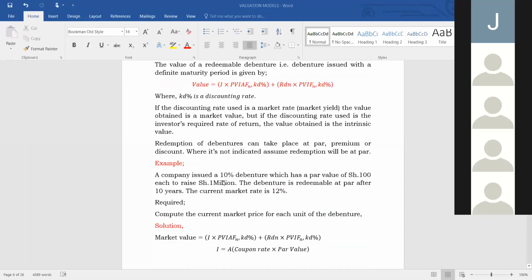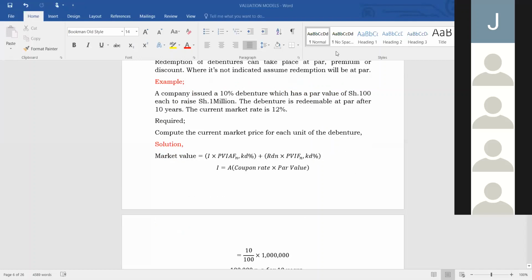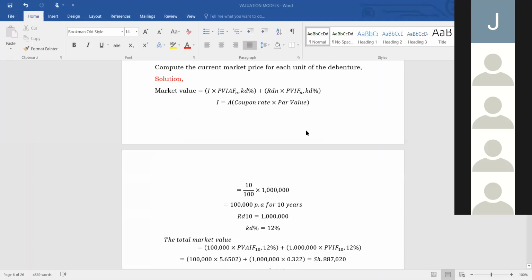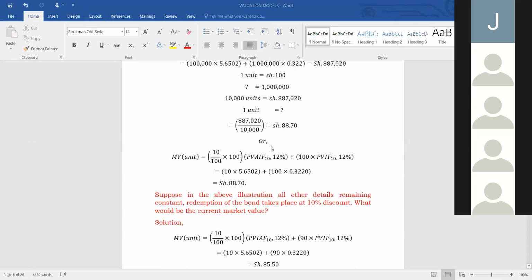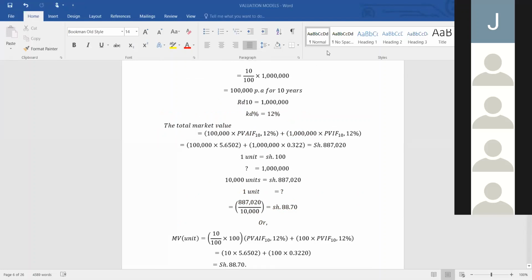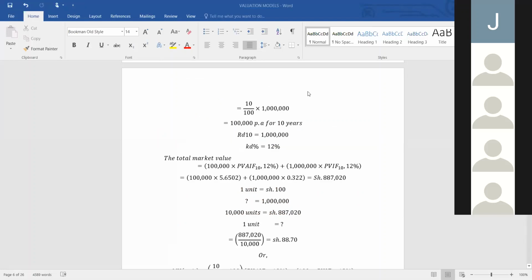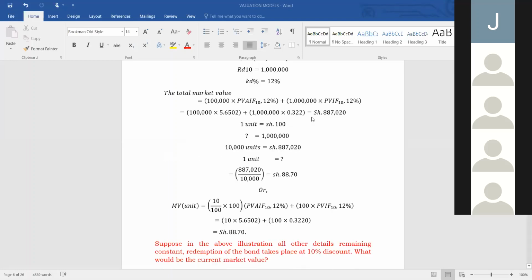We did that example. I went further to talk about debentures which are irredeemable. I used this formula. If there is no definite maturity period, then we say those bonds are irredeemable.